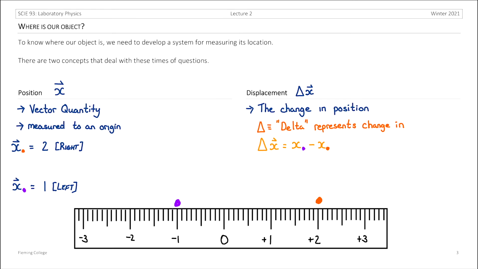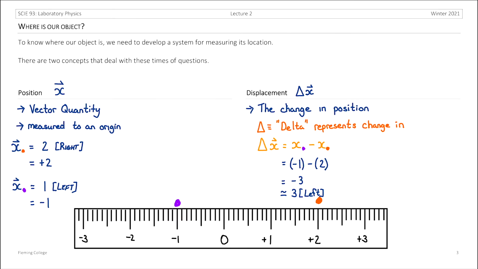Because we can't do math with right and left, we need to register those directions as positive and negative. So our orange dot would be +2, and our purple dot would be -1. If we sub these values into our equation, we see that the displacement between the orange and purple dots is -3, which we would interpret as 3 to the left.